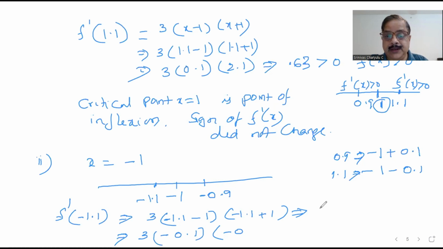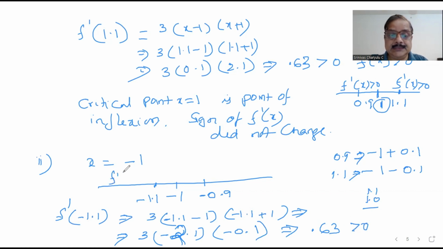Minus 1.1 minus 1 will give minus 2.1, and minus 1.1 plus 1 will become minus 0.1. So here minus into minus will become plus. This will become 6.3, or you can write 0.63, greater than 0. So that means f dash x here is greater than 0 on this side. Now we will substitute 0.9.